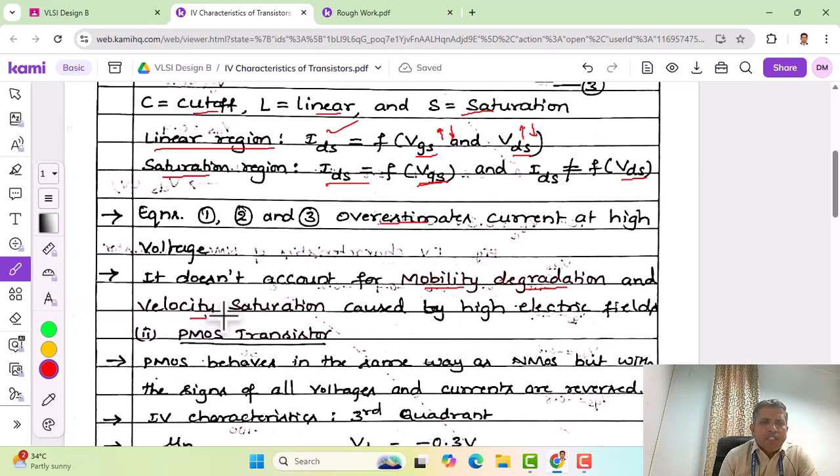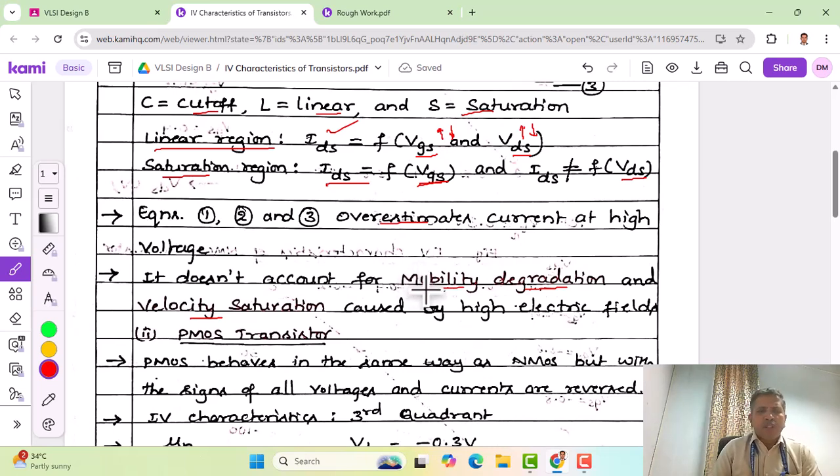These two are not considered in the first order model. Therefore, based on these two reasons, the three currents that we have discussed overestimate the current, specifically at high voltages.